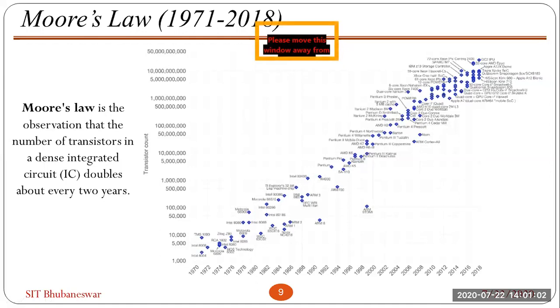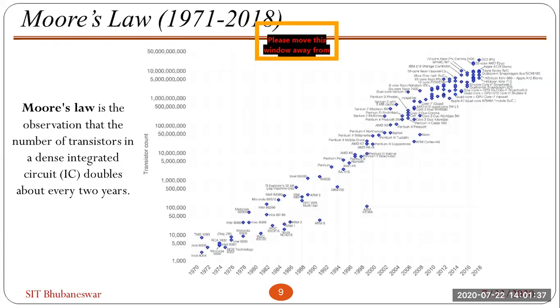So in 1965 Moore predicted that, and actually it has happened also. Every 2-year gap, the transistor count inside a chip is doubled. That means the size of the transistor, the size of the device, will be half. Are you getting it or not? Yes, sir.